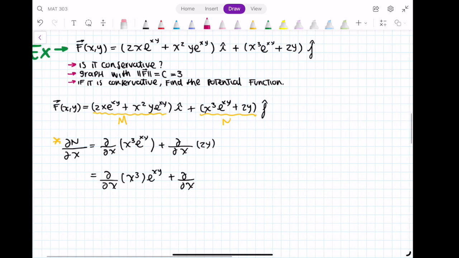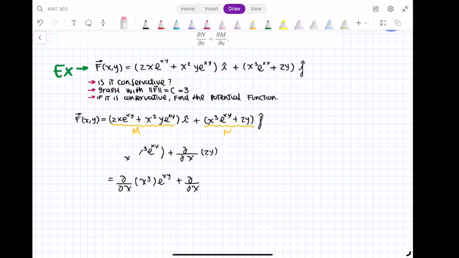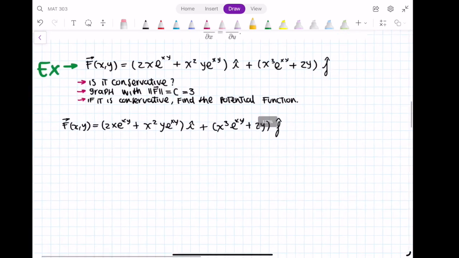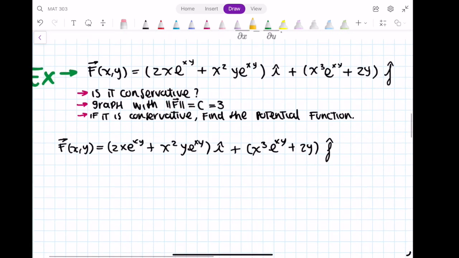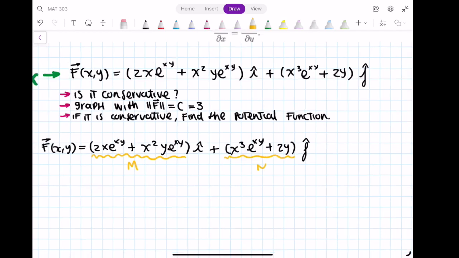And if it's conservative, we have to find the potential function, right? Let's erase this one second so I can start over. So we have the same function on top here. This will be our M and this will be our N, right?